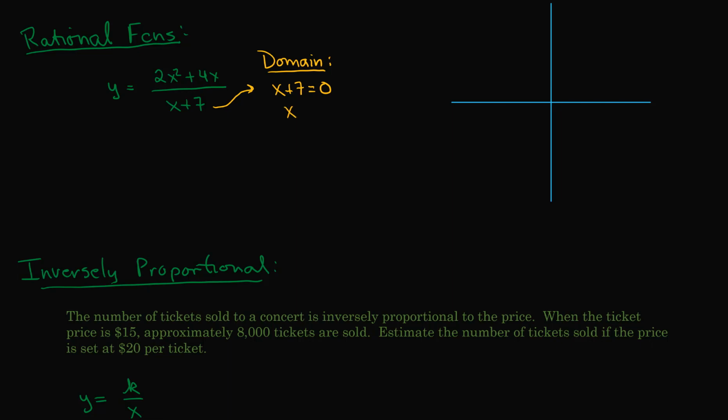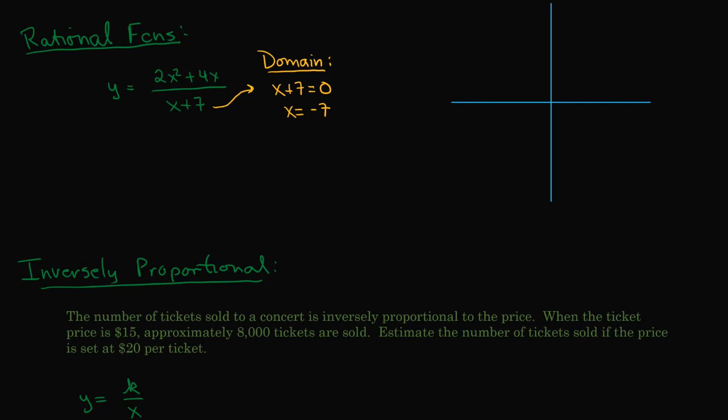In this case, it equals 0 at -7. This then allows us to determine that our domain can be any x value except this -7. If we plug in -7, we'll get a 0 in the denominator, which makes the function undefined.